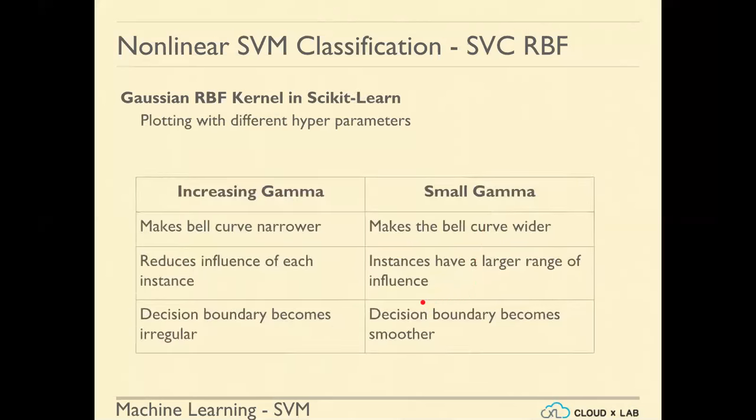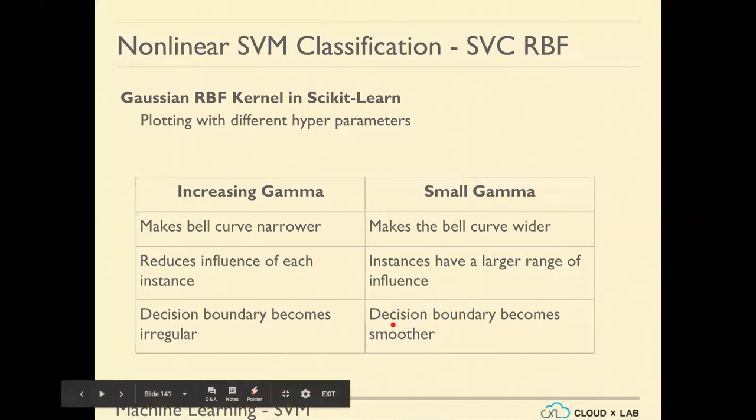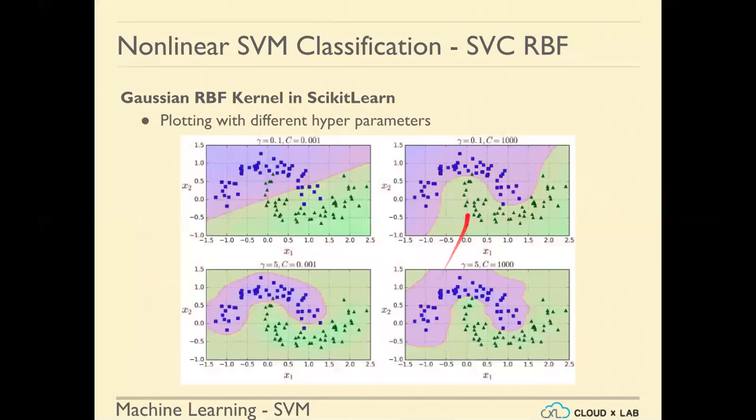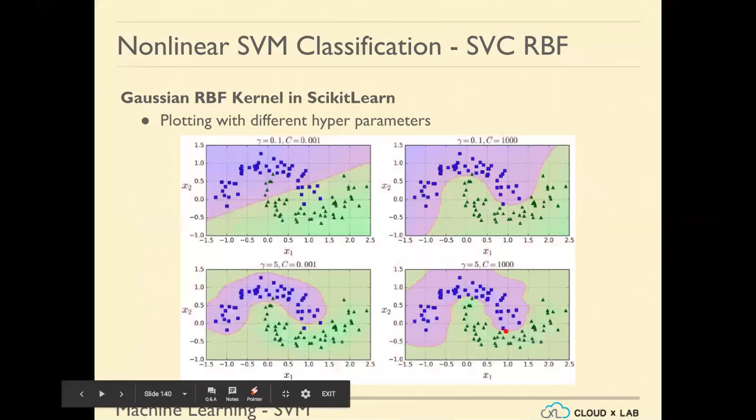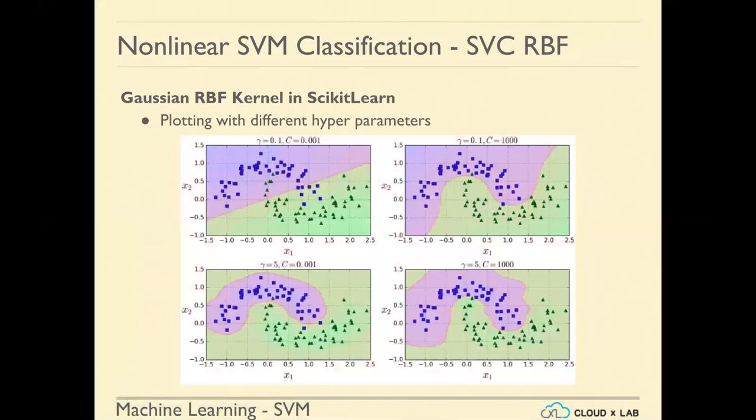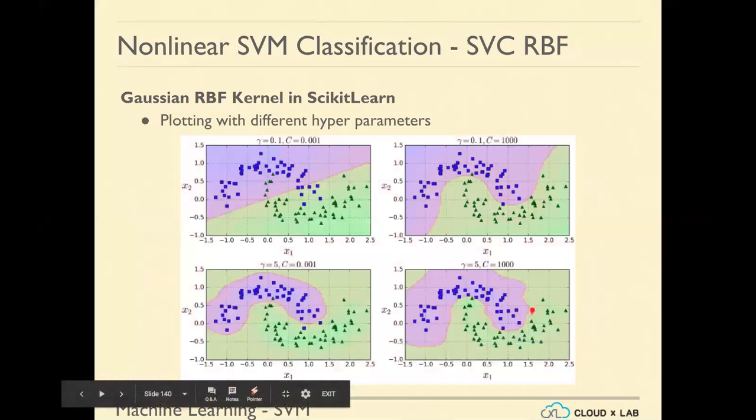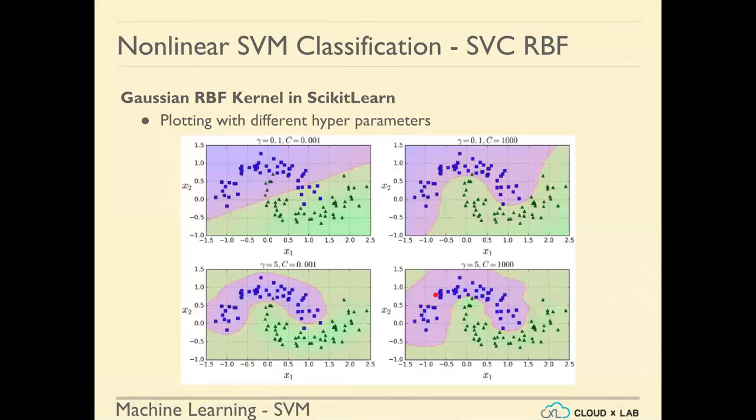And the decision boundary is kind of smoother. Here it's not smoother. So you can see that the similarity features are kind of overfitting everything. It's trying to memorize everything. But in complex structures, the similarity functions can actually solve a lot of problems.